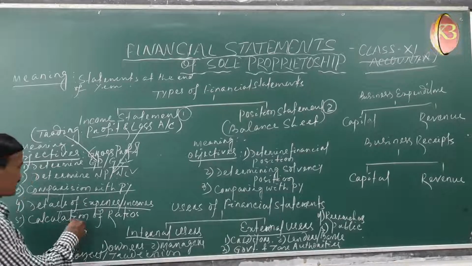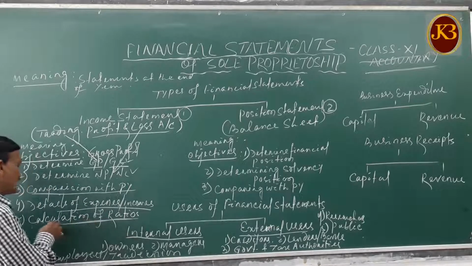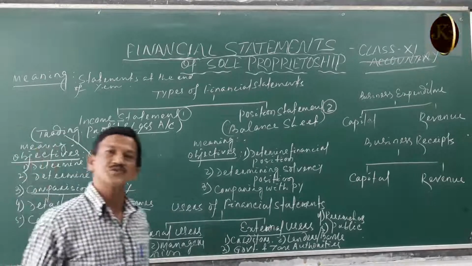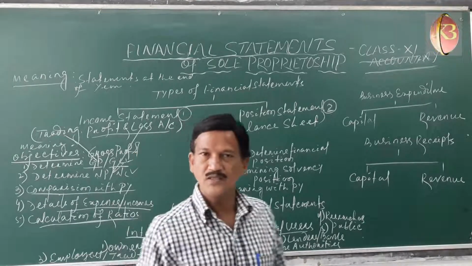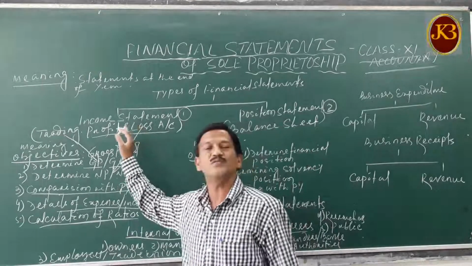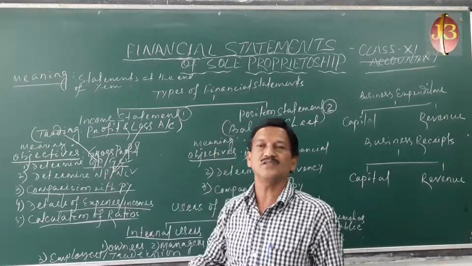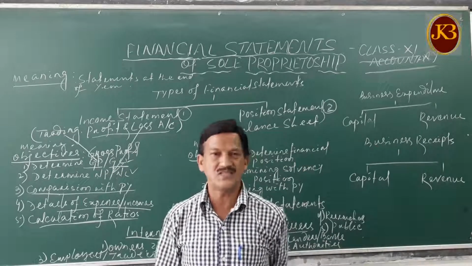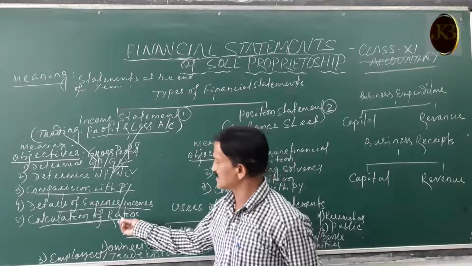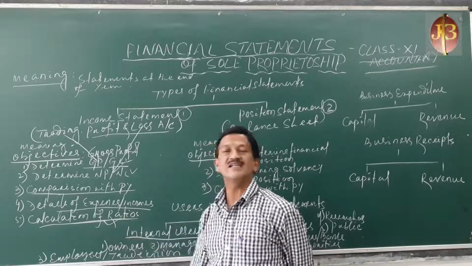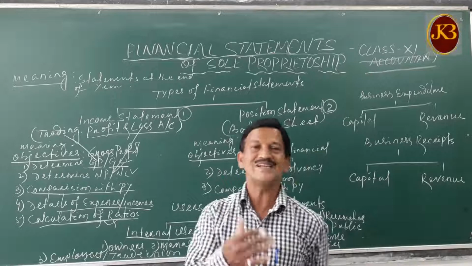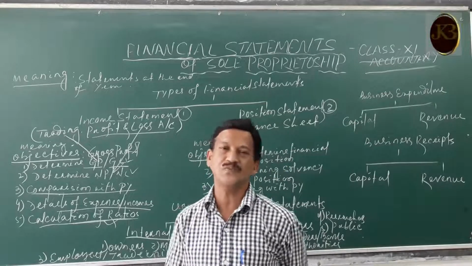Then the next objective is to calculate the different financial ratios. We have prepared the trading profit and loss account, which not only fulfills our objective of calculating the net results of the business, but also helps in calculating different ratios. So many financial ratios are to be prepared.